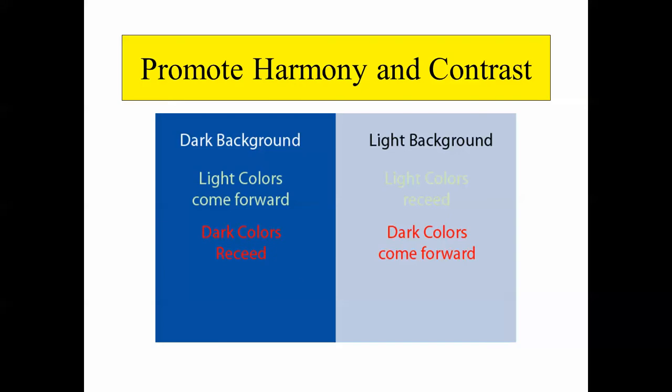They'll design something that looks very good on the monitor where you have transmittive light, and then when you print it and you have reflected light, it doesn't look as good. Now again, on a light background, dark colors come forward and light colors recede.